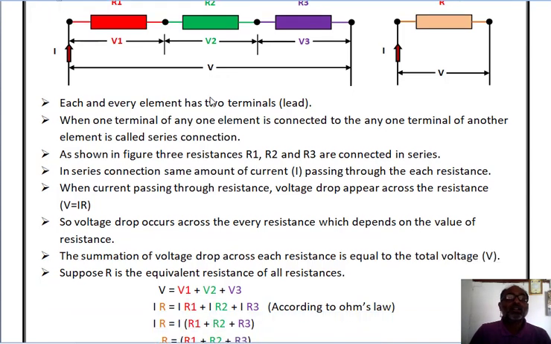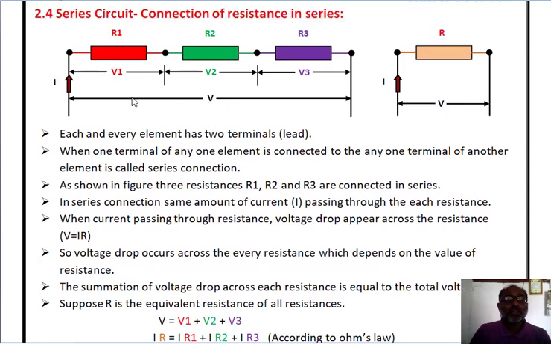Now let me find the equivalent resistance of these three resistances which are connected in series. These three resistances can be replaced by only one resistance, but remember its effect remains the same.